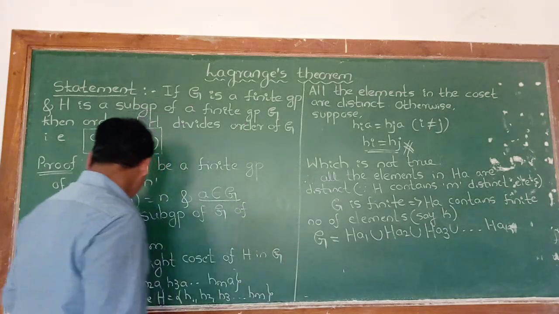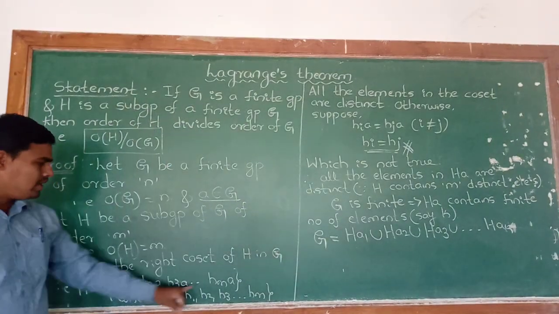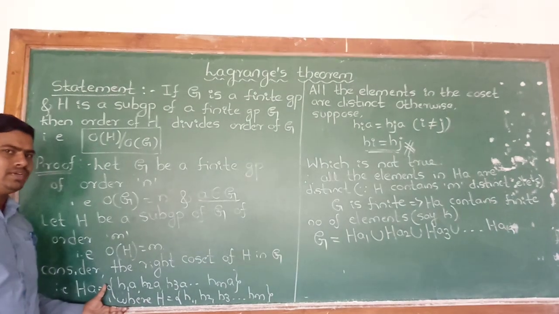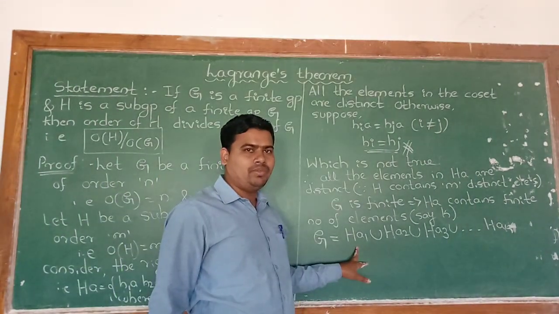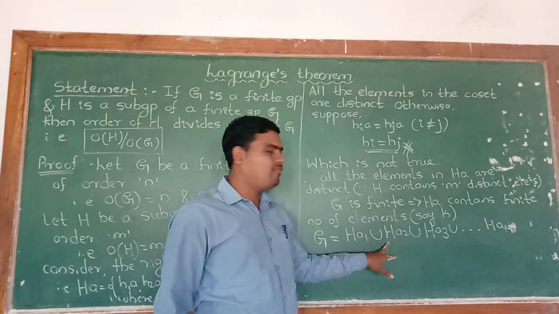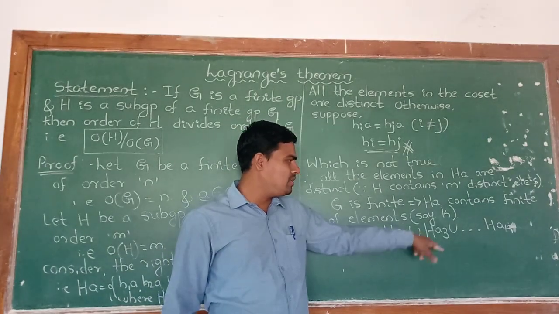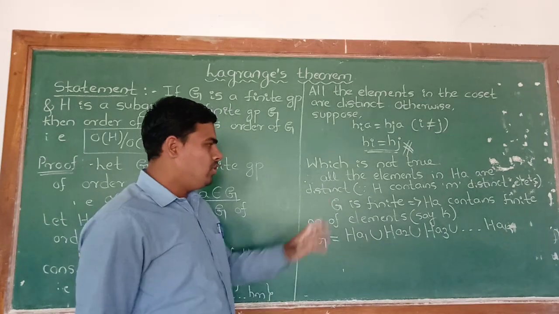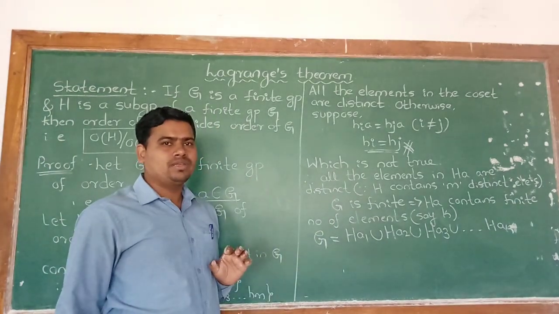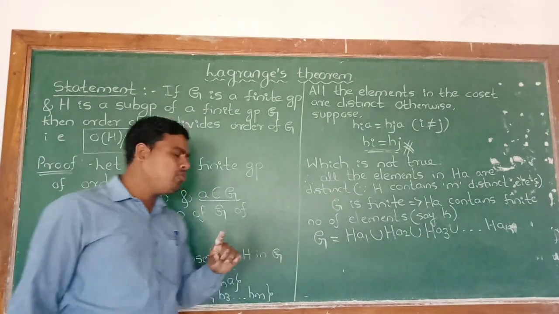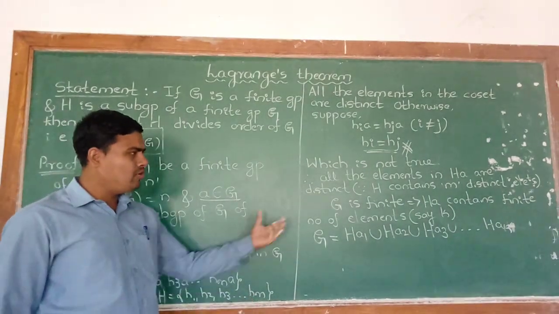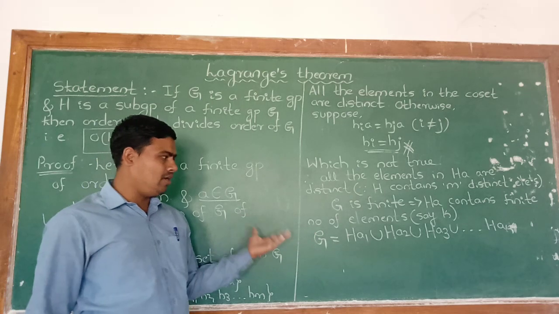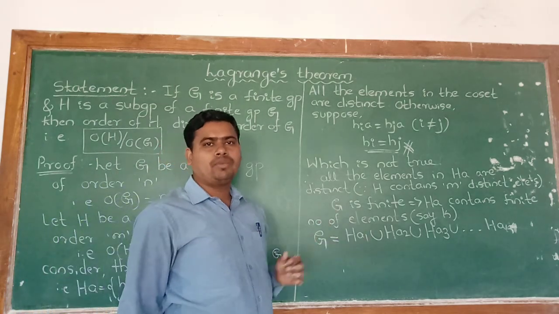See here, in Ha we have m number of elements. This is the right coset. Then Ha1 also contains m number of elements, Ha2 contains m number of elements, Ha3 contains m number of elements, and so on up to Hak. Since the subgroup H contains m number of elements, h1 to hm, therefore the right coset or left coset also contains m number of elements.